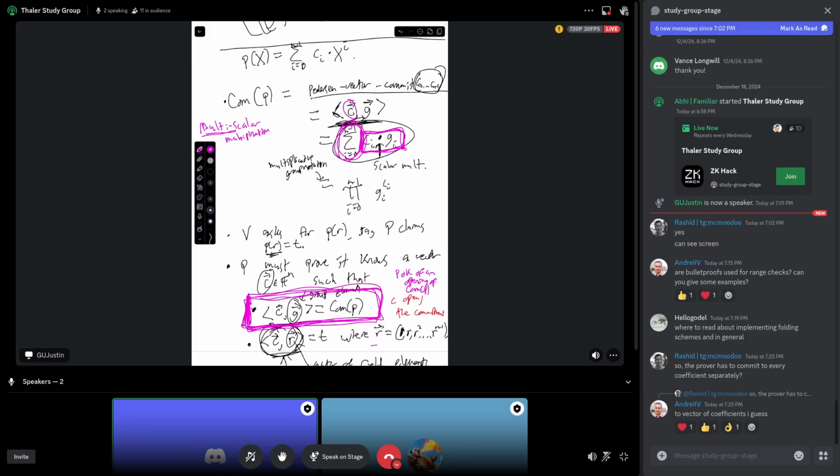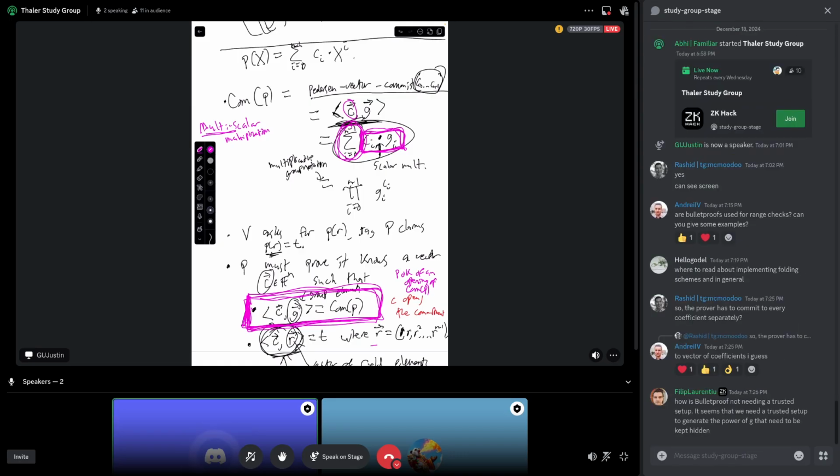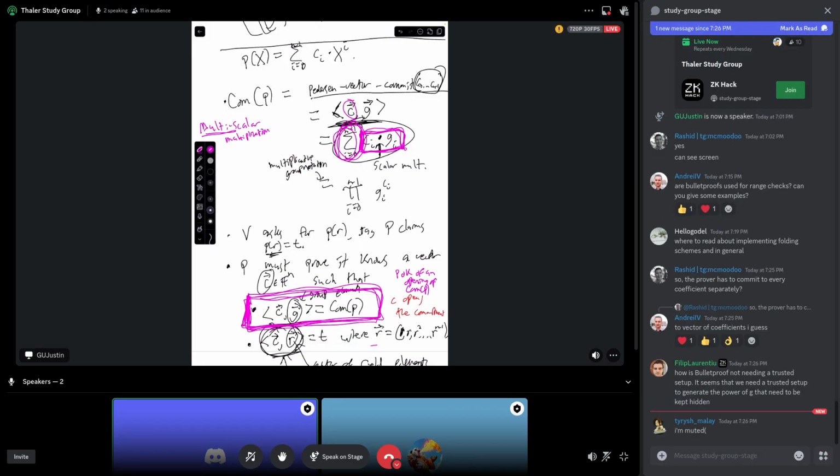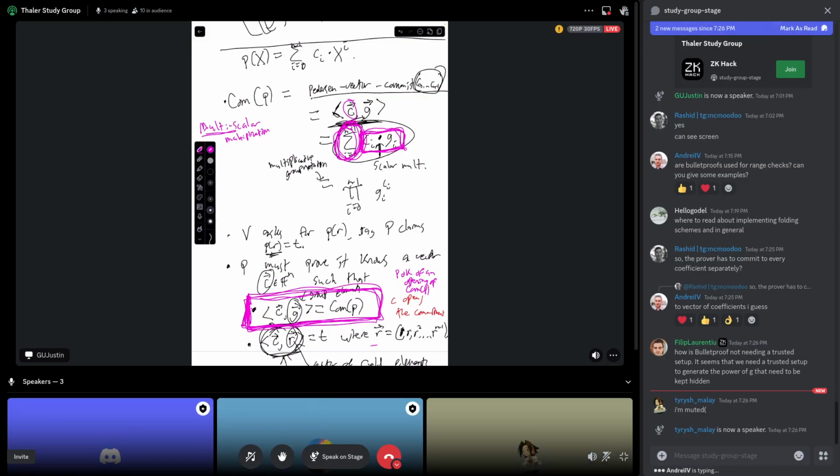Ci times Gi for a fixed I is a group element, so before you do this group sum, you have one group element per entry of C. But then we munge all n group elements together into a single group element with the sum. That's what a Pedersen vector commitment is. It's compressing: you're committing to a vector of length n, but the commitment is just a single group element. Did that answer the question?